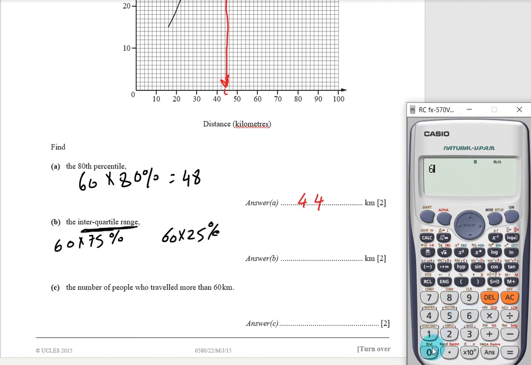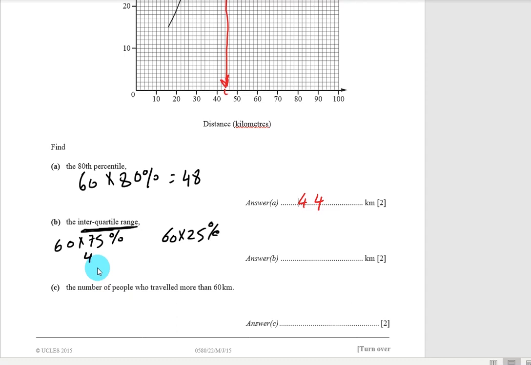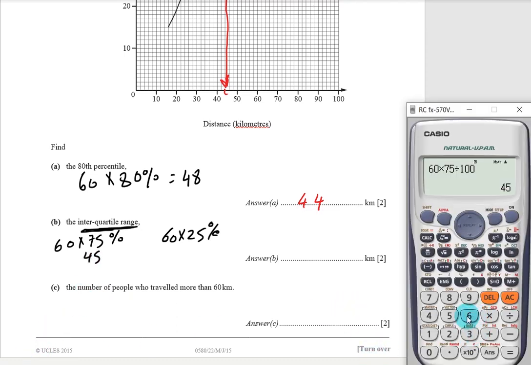Now 60 multiplied by 75 divided by 100 will be 45. So I need the reading at 45. And then here 60 multiplied by 25 divided by 100, so I need a reading at 15.